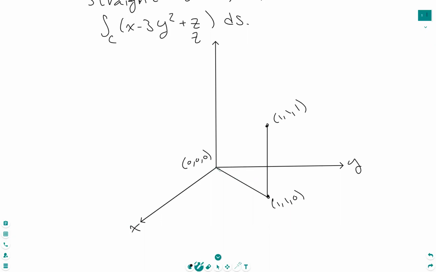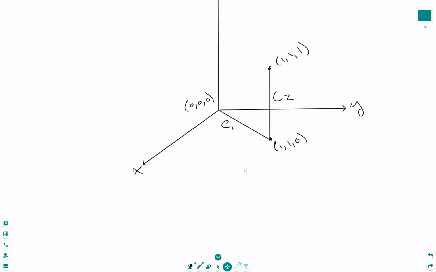So we can't have a really nice all-in-one parameterization for this entire curve C. So what we're going to have to do is break this up into a C1 and a C2. And we'll have to do parameterizations along each of these line segments.